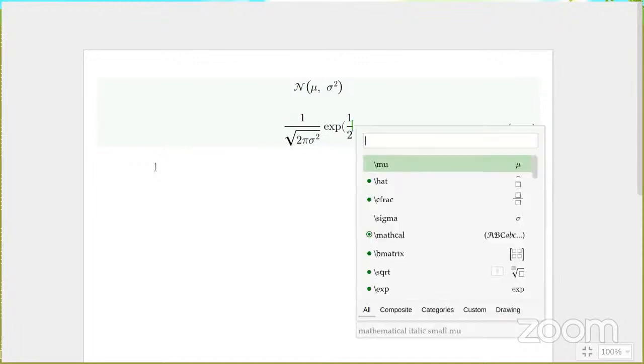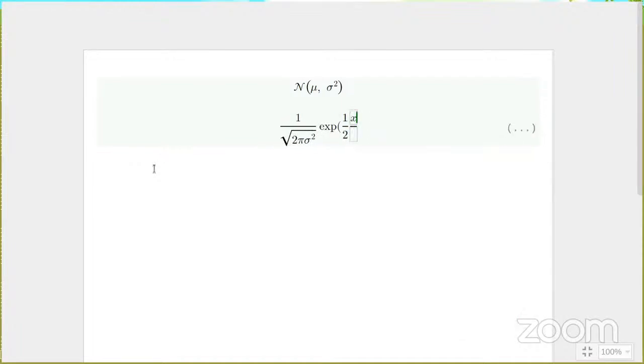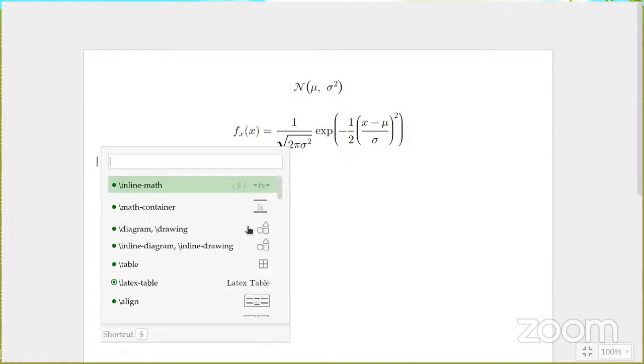There should be a fraction again, so this should be x minus mu by sigma, squared. Okay, now this is the PDF of x, right? Correct me if I made any mistake, but otherwise I'll just go ahead.